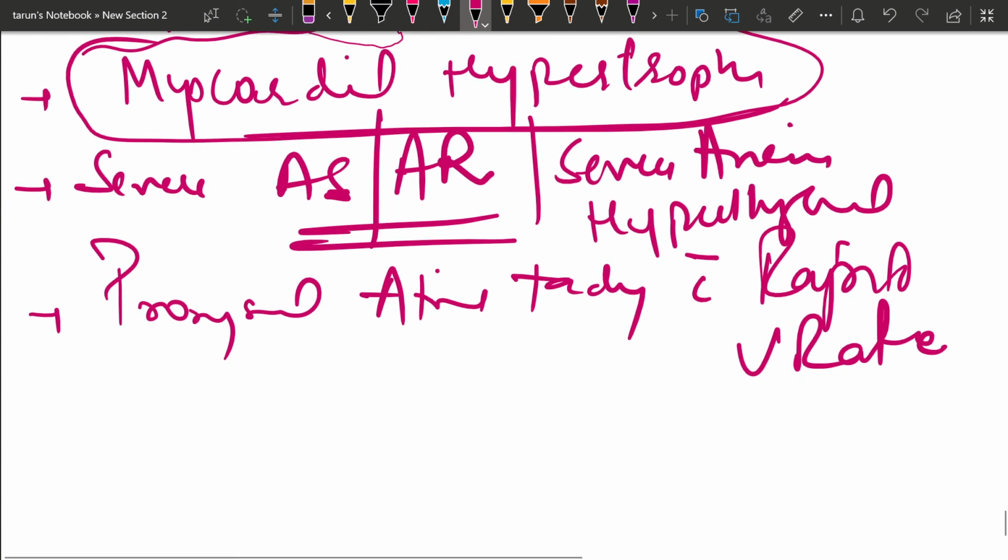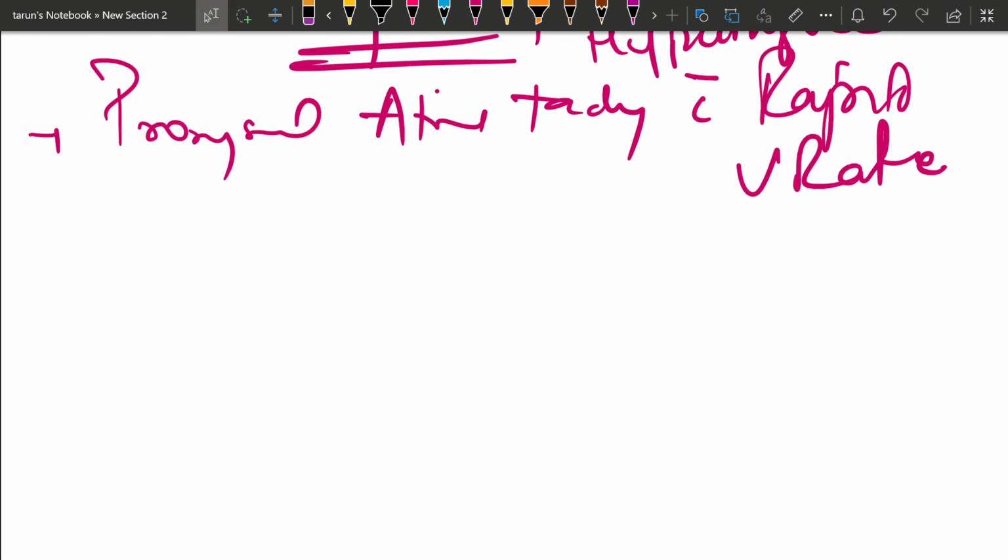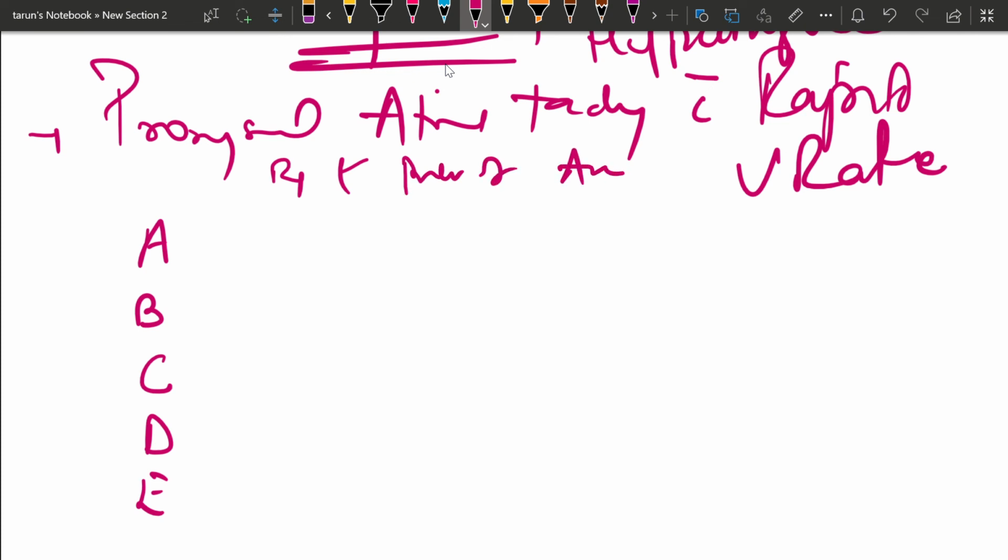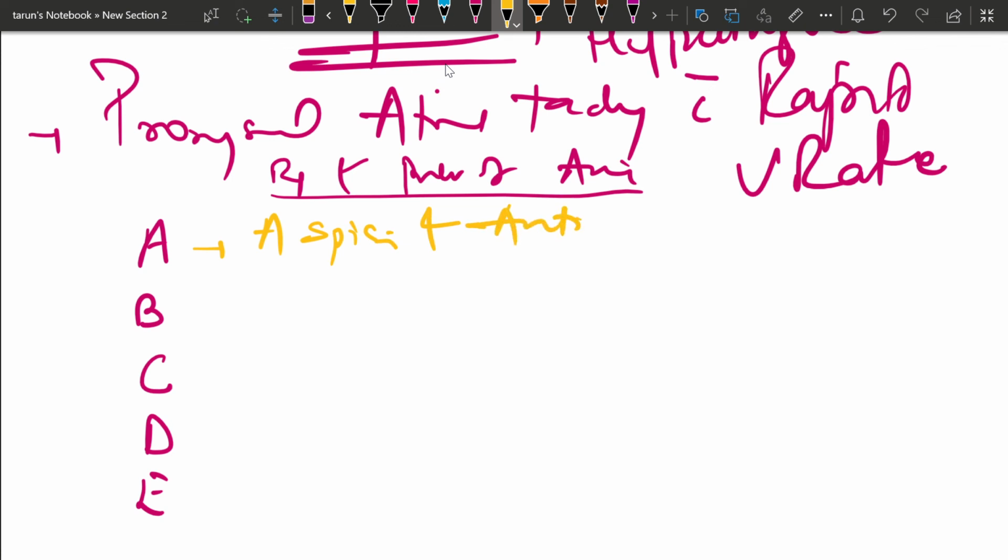Now I will tell you the mnemonic for the treatment and secondary prevention of angina pectoris. The mnemonic is A, B, C, D and E. A is aspirin and anti-anginal drugs.